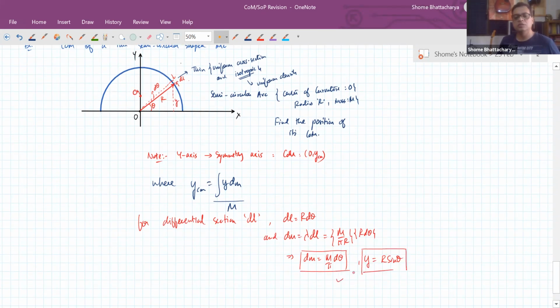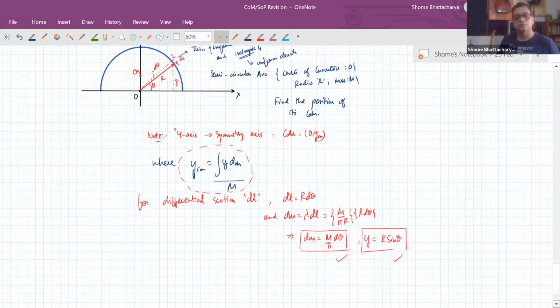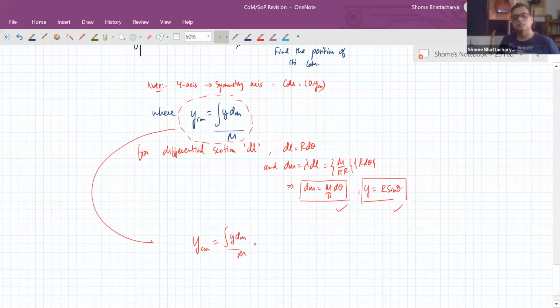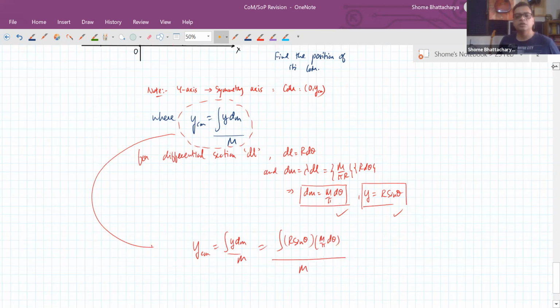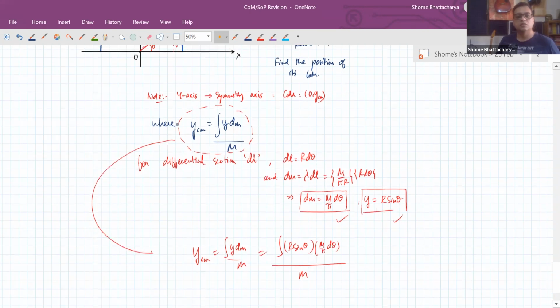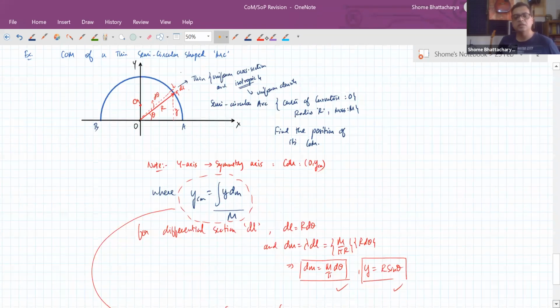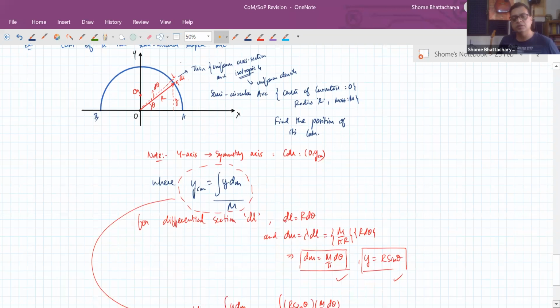So that you can see is r sine theta. So now these two will be substituted in the integral over here. Now for the limits of integration, remember we'll be integrating for the entire mass from this end, let's say A, to this end B. So the value of the angle theta at the end A will be theta equal to 0.